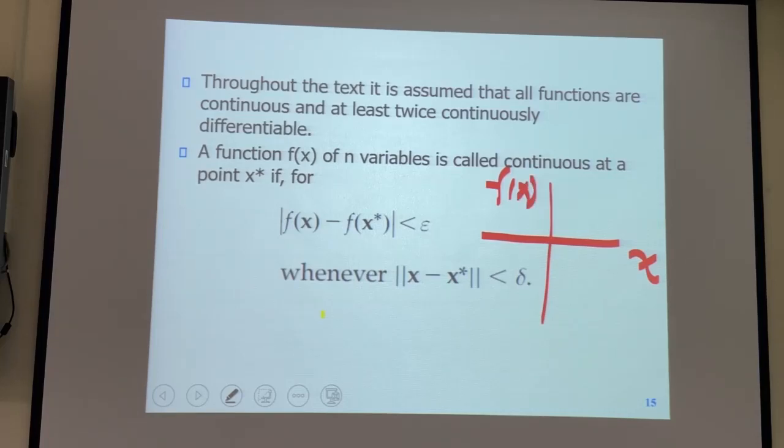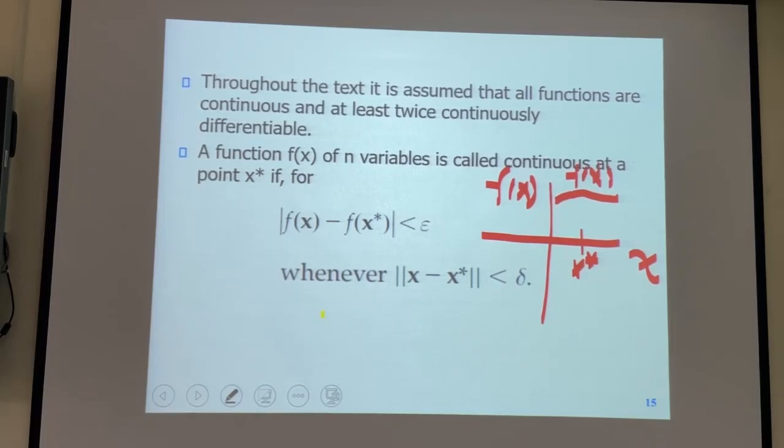For x star here, this is x star, and this point is f(x star). So if this function is continuous at x star, from the left to the point and from the right to the same point, f(x) at x star is continuous.